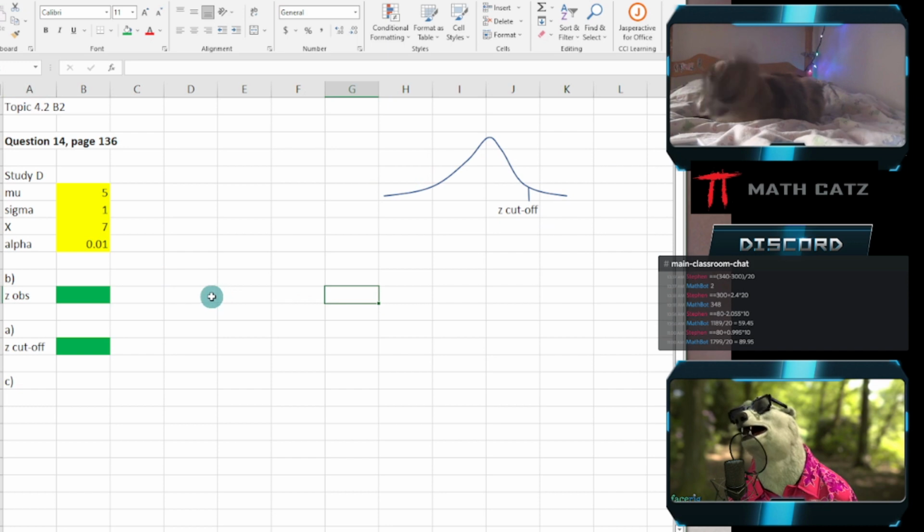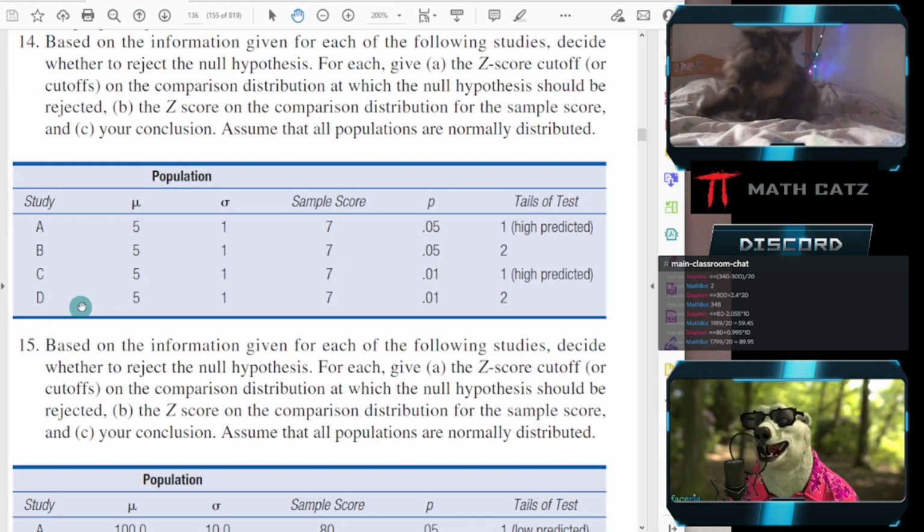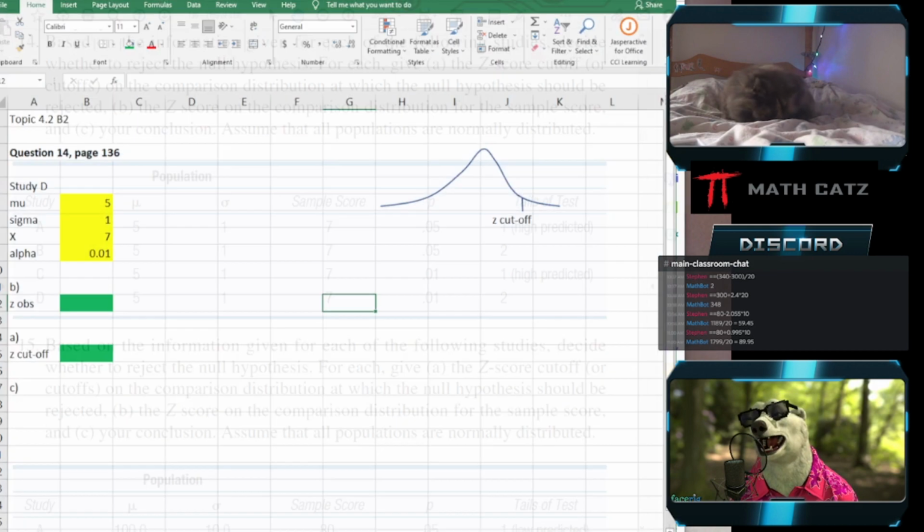So I just want to be a little more efficient by getting the same template that we'll fill in. If we look at the question, study D, same mean, same standard deviation, same sample score. So that's good. Same alpha, but now we have a two-tailed test.